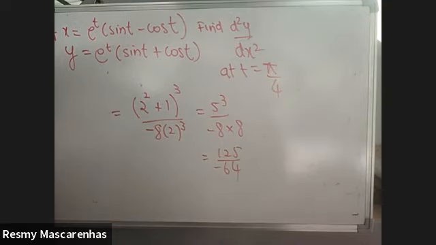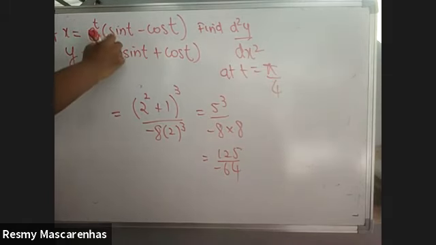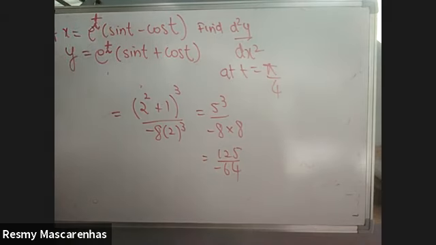x is equal to e raised to t into sin t minus cos t. y is equal to e raised to t into sin t plus cos t. Find d square y upon dx square at t is equal to pi by 4. This is t. So you can start differentiating.